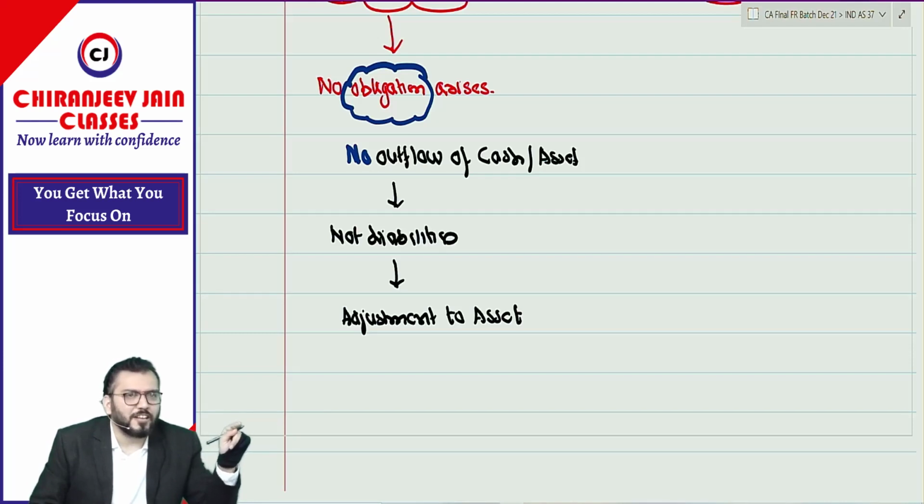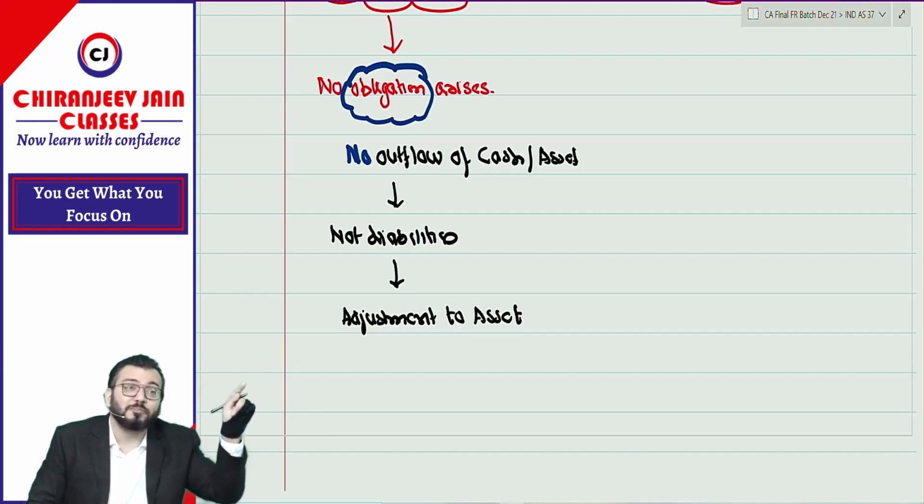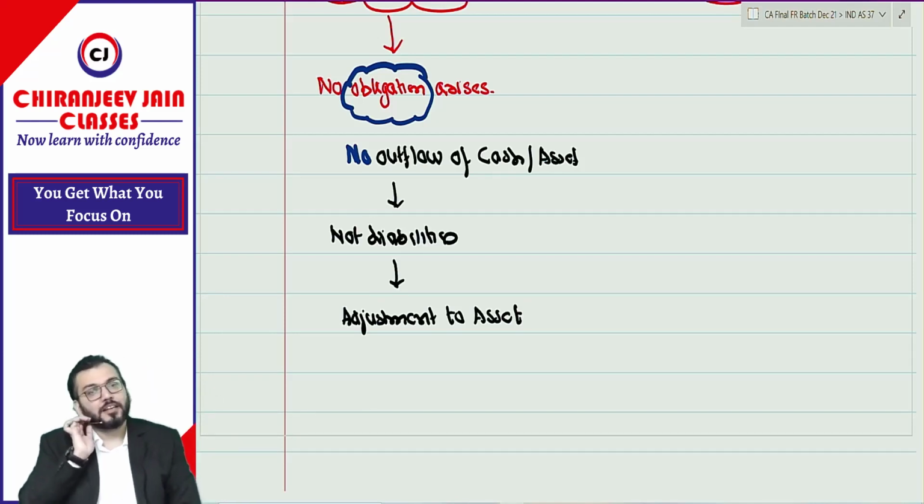Long-term investment, permanent decline. You have done or not? That provision for decline in the value of investment is an adjustment to asset. That is not a liability. Similarly, provision for doubtful debt is an adjustment to asset, but it is not a liability.